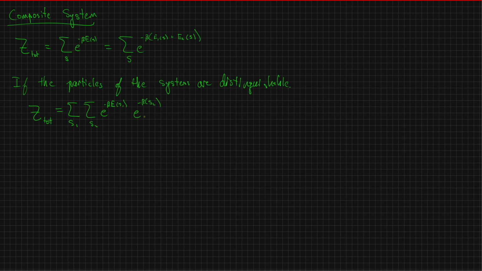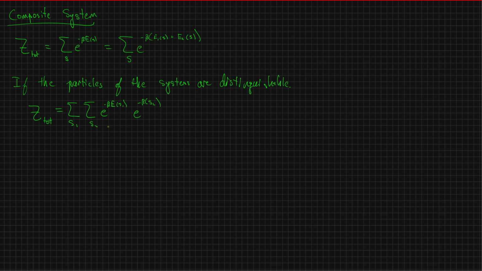So basically just saying now that I can tell the two particles apart, so I can break up the sums into two separate sums. So here we were just treating it as like two systems with the same energy. We can't necessarily tell them apart. Now if you can tell them apart, you can just break them up nicely.